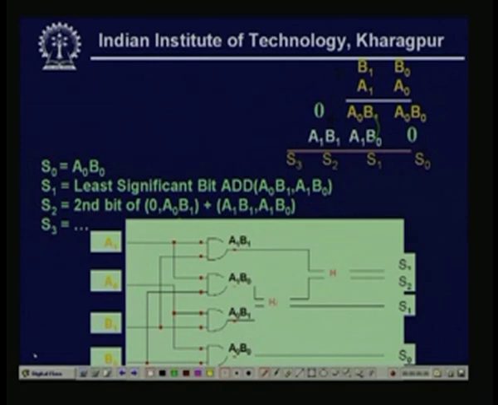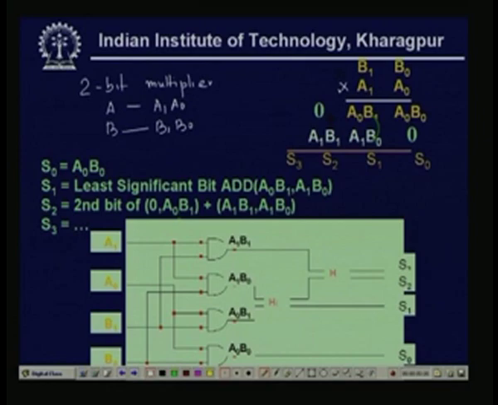We want a 2-bit multiplier, and the two operands are A and B. A is A0 A1, B is B0 B1. Now, we are multiplying these two.